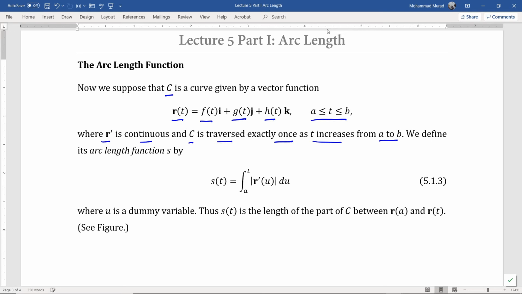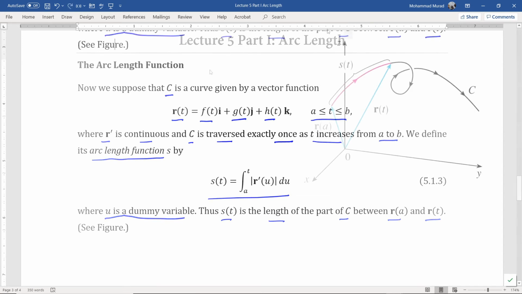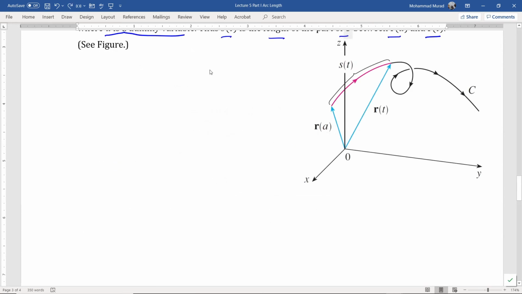We define its arc length function s by the integral shown in equation 5.1.3, where u is a dummy variable. Thus s of t is the length of the part of the curve C between the position vectors corresponding to the parameter value t equals a to t equals t, as shown in the figure.